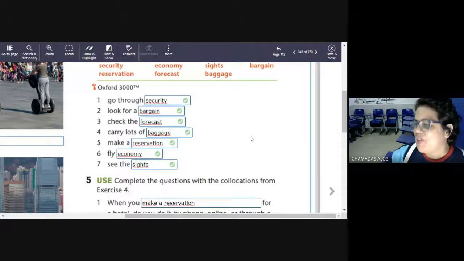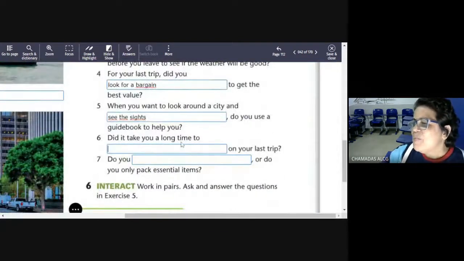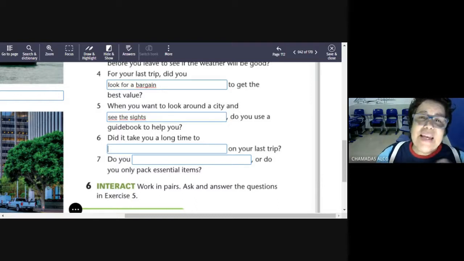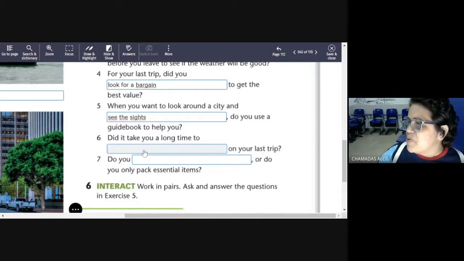Yes, because we all have to do this. Whenever we take a trip, when we fly international, we have to go through security, and that includes immigration, customs. It's so boring. We have to go through a lot of people, and maybe they will stop you to check if you're carrying something. So this is what it means to go through security, and it takes a long time sometimes, right?